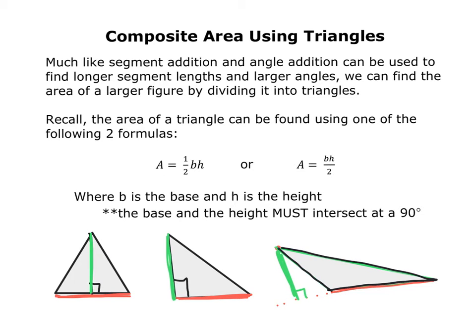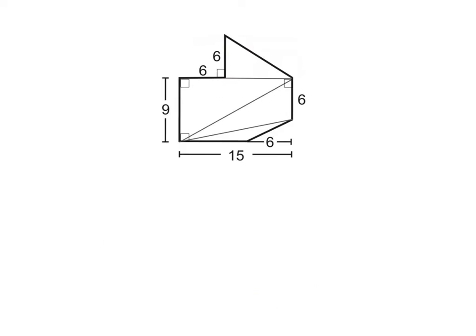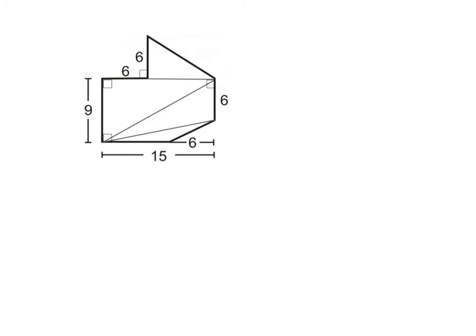Let's do an example problem. This is a figure that we are going to find the area of, and what we need to do is divide it into triangles. So it's been divided, and so where do you start? Well, let's just pick a triangle. We'll call it triangle A, and we'll find the area of triangle A first.